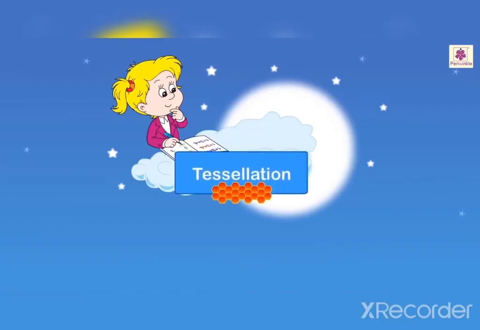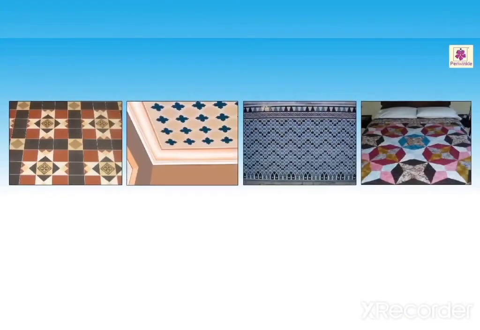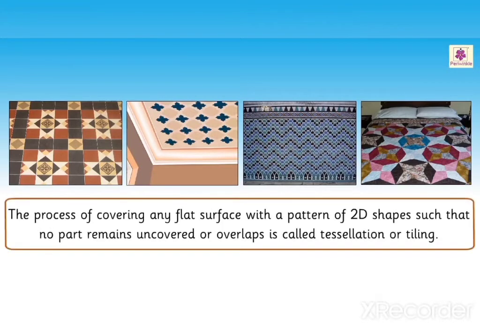Tessellation. You all must have seen the repeated designs on a floor, ceiling, wall, quilts, etc. Each design has a pattern made of different shapes. This process of covering any flat surface with a pattern of 2D shapes such that no part remains uncovered or overlaps is called tessellation or tiling.